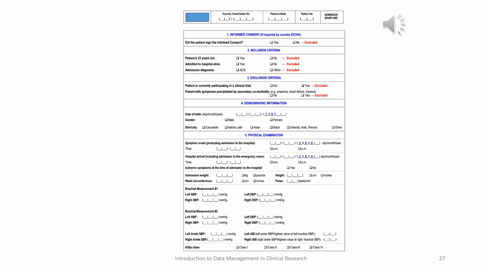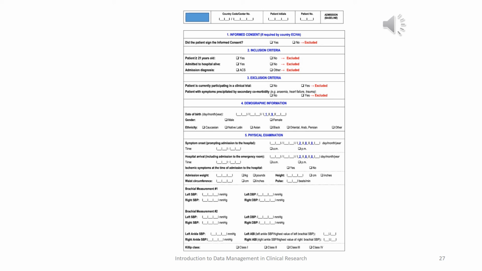And then all of our exclusion criteria, we want them answered no, because the exclusion criteria is usually going to determine who gets to participate in a clinical trial. So we want the correct responses to be no. And then finally underneath there, you see where there's some demographic information being collected.